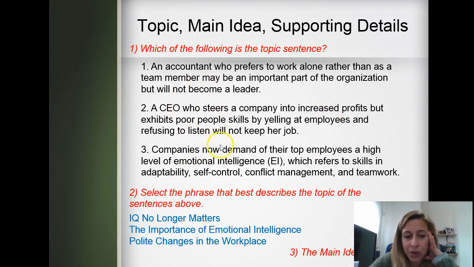It doesn't speak about IQ, so this is not the answer. Polite changes, it does not necessarily mean that people become more polite. Here they speak about skills of adaptability, self-control, conflict management. They speak about emotional intelligence, and this is the definition of the emotional intelligence phrase. So this is the answer.